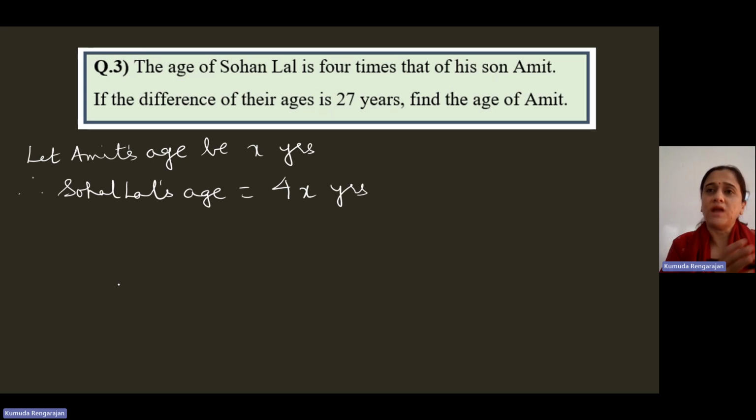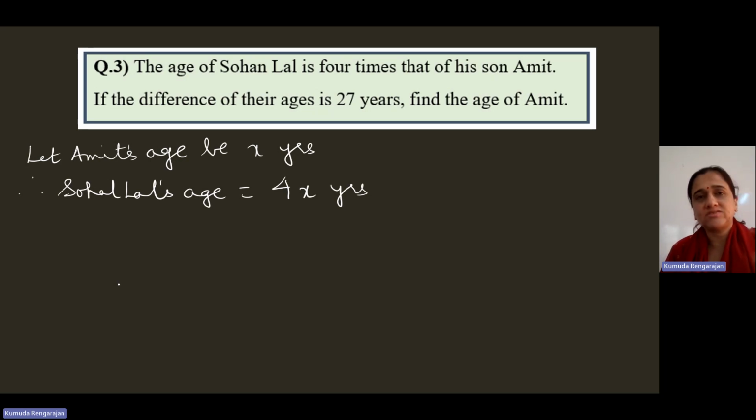Use one part for assuming and the other part for constructing the equation. So there are 2 things: assumption and constructing the equation. The assumption is what we've written: let Amit's age be x years, therefore Sohan Lal's age is 4x years. This forms the assumption part of the answer.